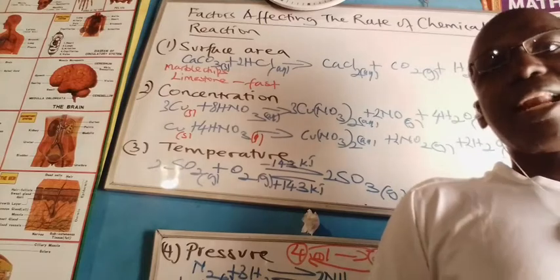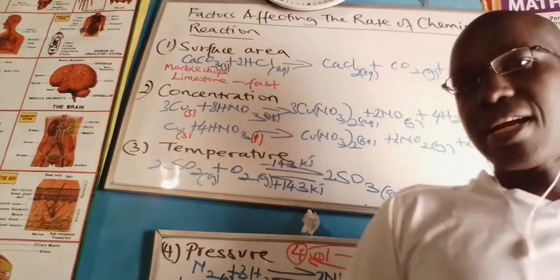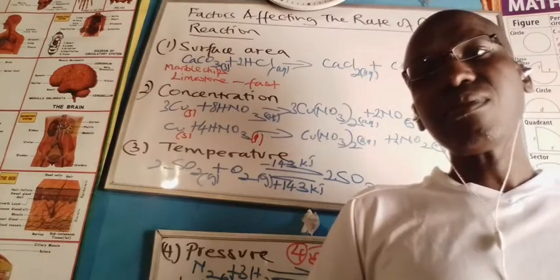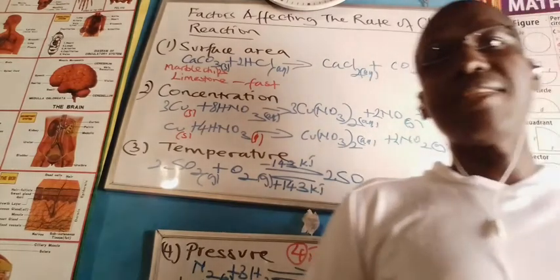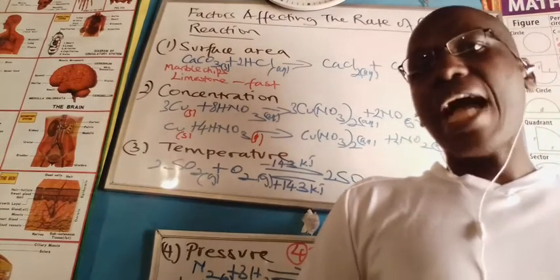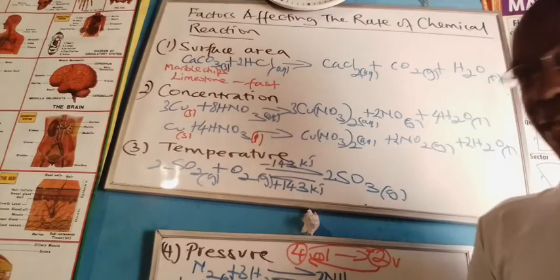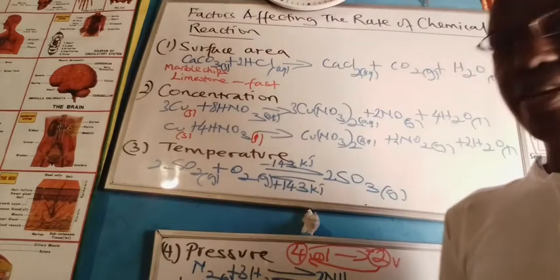So, all catalyzed reactions are faster as compared to the uncatalyzed reactions. The sixth and final factor we have said affects the rate of reaction is light, and we have agreed that light is only effective in photoactive changes or processes like photosynthesis. So those are the factors affecting the rate of reaction.